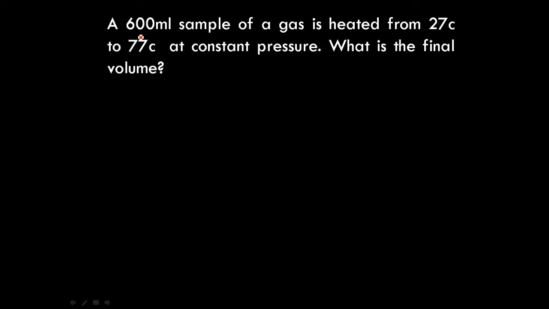Okay, now we have examples. First of all, a 600 ml sample of a gas is heated from 27 centigrade to 77 centigrade at constant pressure. What is the final volume? First of all, we have the data. V1 is the volume of 600 milliliters, and the temperature T1 is 27 centigrade, but we have to convert it into Kelvin.